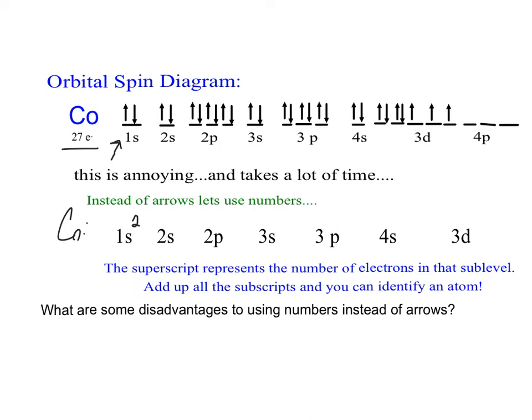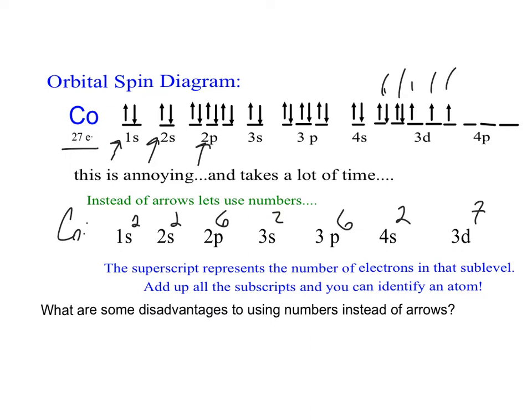In 2s, I have two arrows, so there's 2s2. 2p has 6 sets of arrows, 2p6. 3s2, 3p6, 4s2, and when I look at 3d, I have 1, 2, 3, 4, 5, 6, 7 arrows there.